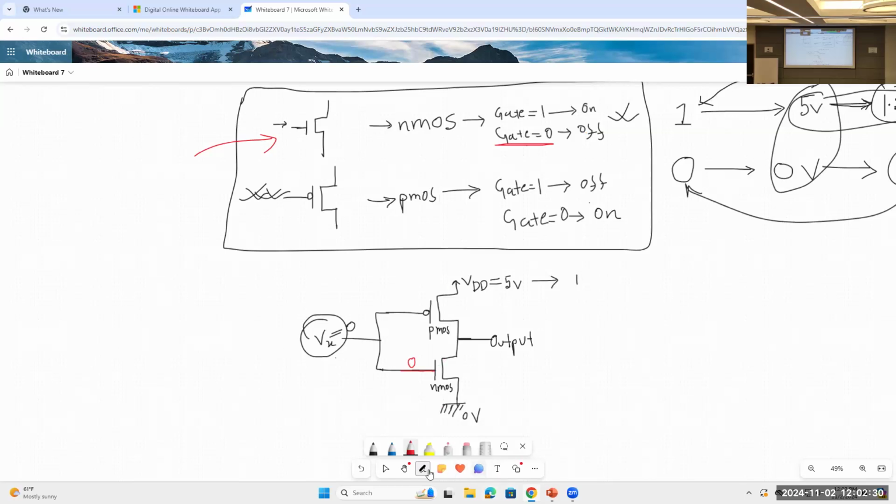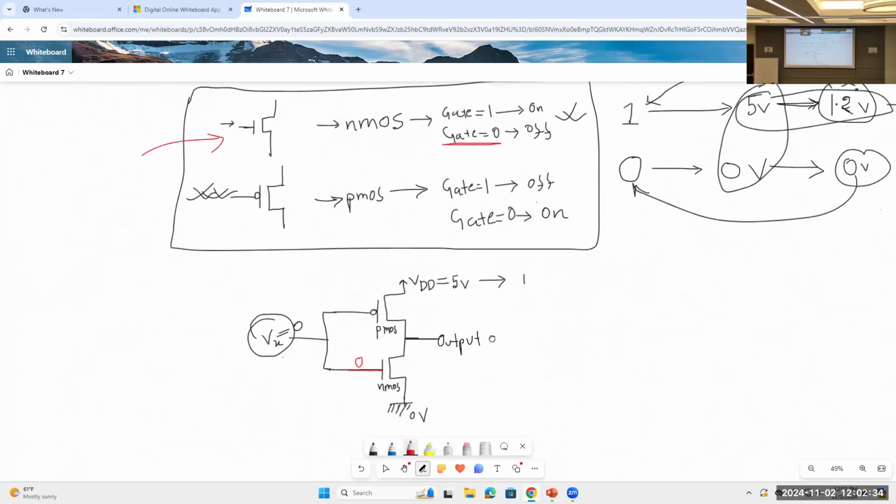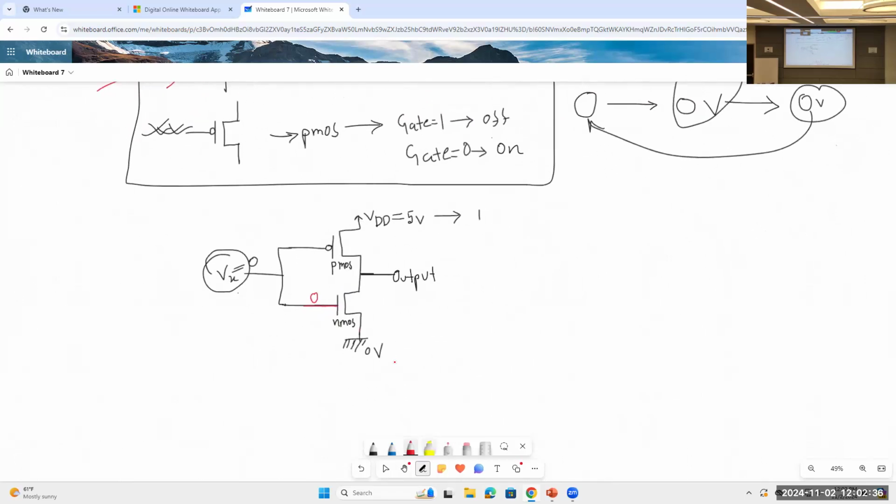So let's represent it like this, because I have to draw it again and again. Whatever. So 0 means off, and off means there is no connection right here. I've just erased it. So 0 means no connection. There will be a vacuum, I mean empty space here, so this thing will not be connected to this thing.